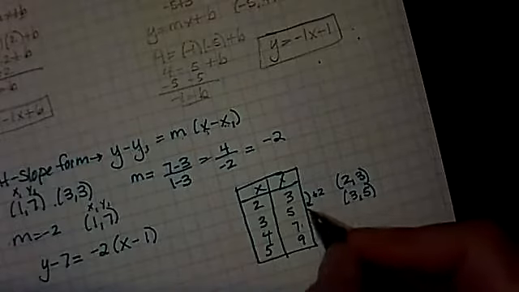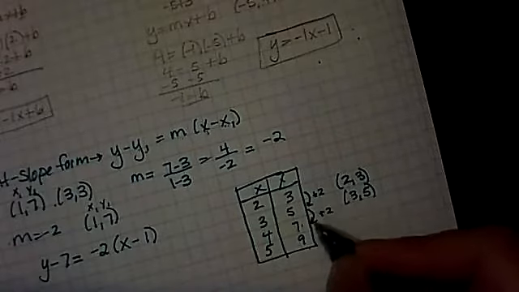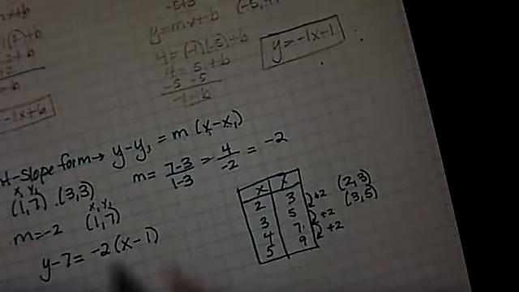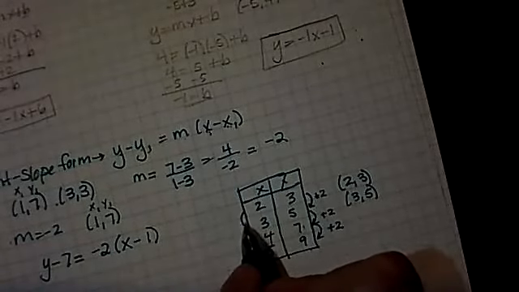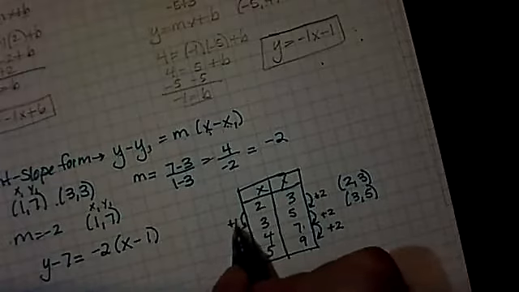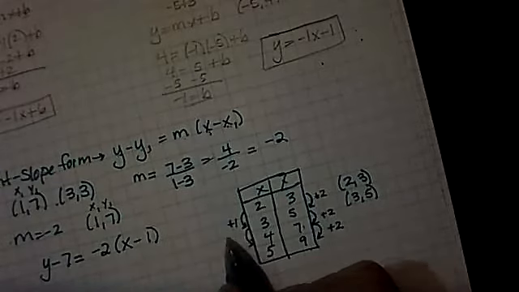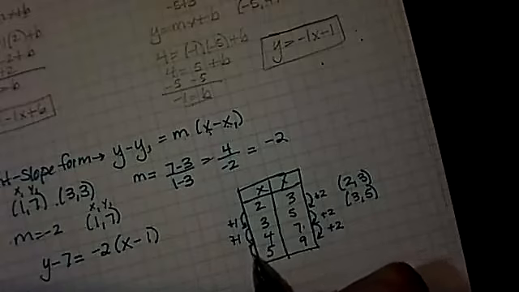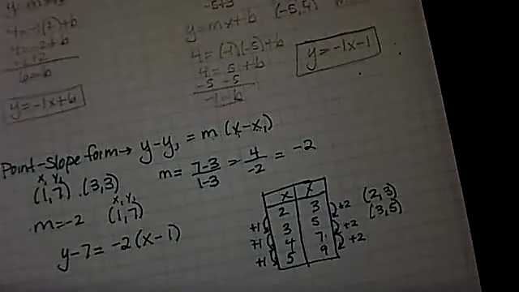What's the difference from 5 to 7? It's a +2. Same thing from 7 to 9. And what about the x values? From 2 to here, it's a +1. From here to here, it's a +1. These should all be the same, +1. In order for it to be linear, those will all be the same.